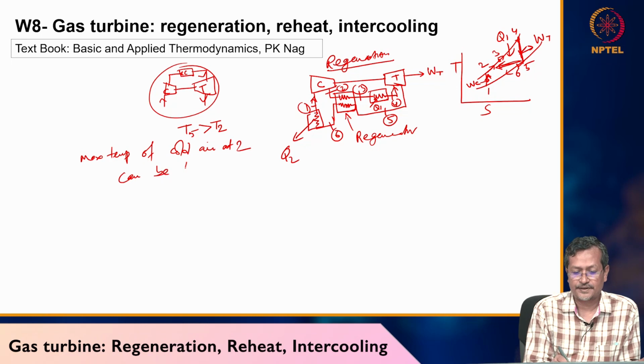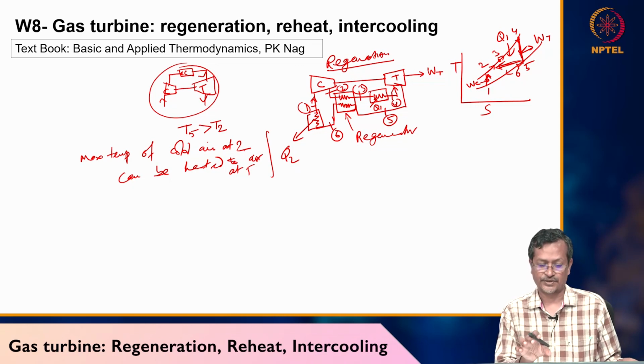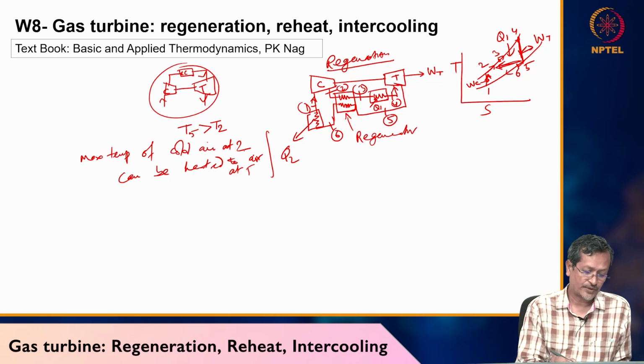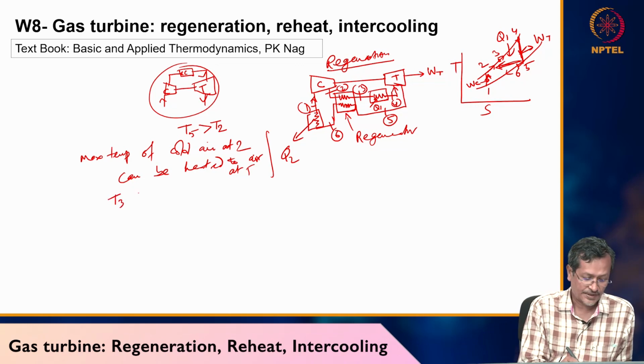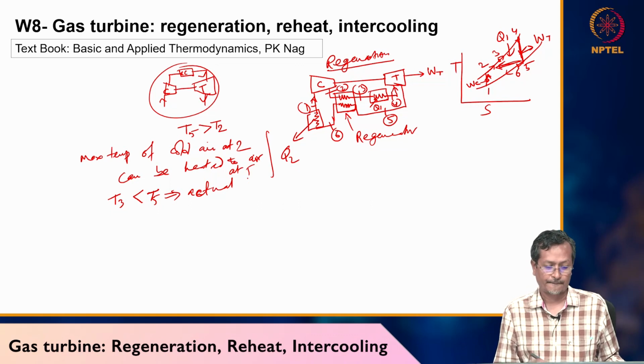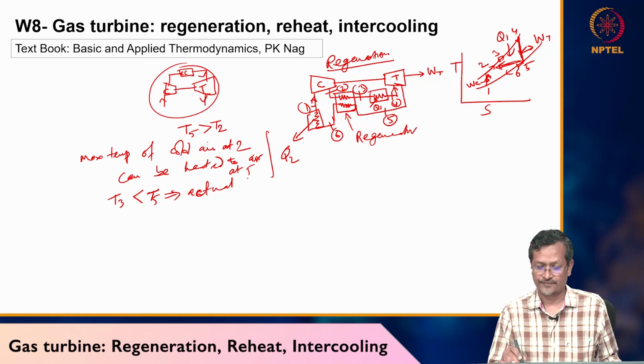Under ideal conditions you could reach the same temperature, but practically it is not possible. So in the actual case, T3 is less than T5.